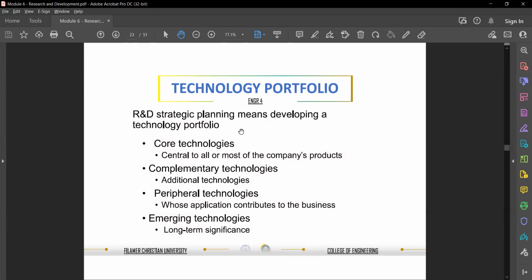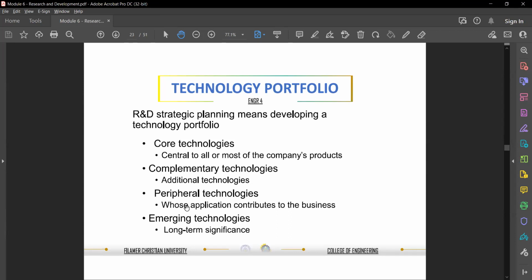Then we have the technology portfolio. So ano yung nandito sa technology portfolio in terms of research and development? So the R&D strategic planning means developing a technology portfolio. So it includes 4. We have the core technologies, which is central to all or most of the company's products, and complementary technologies, which are additional technologies sa existing product.